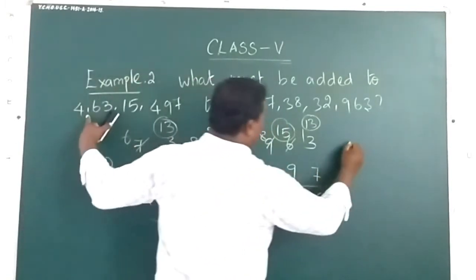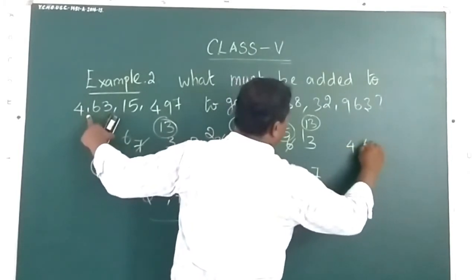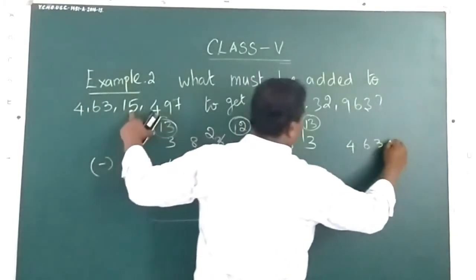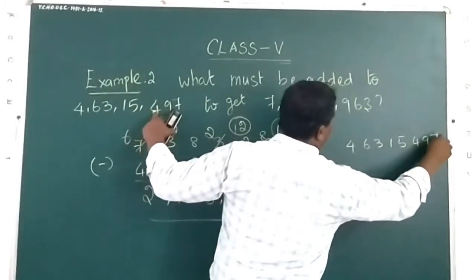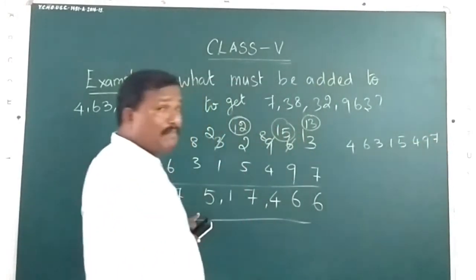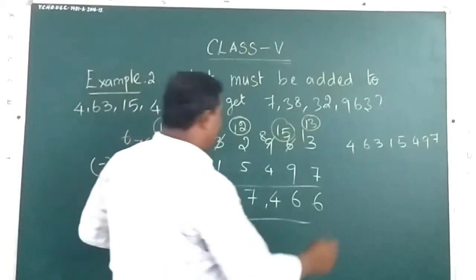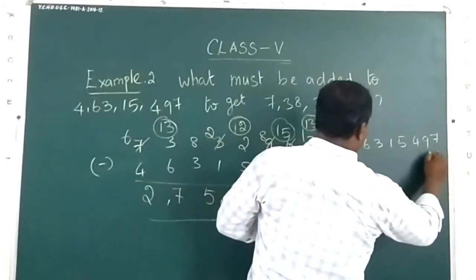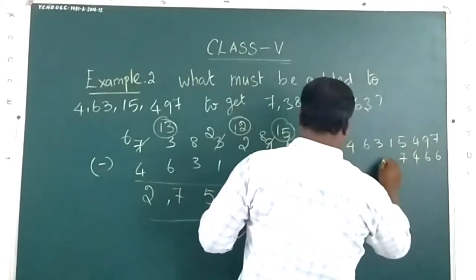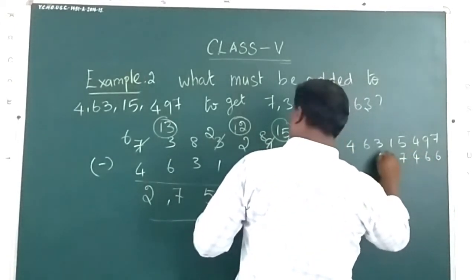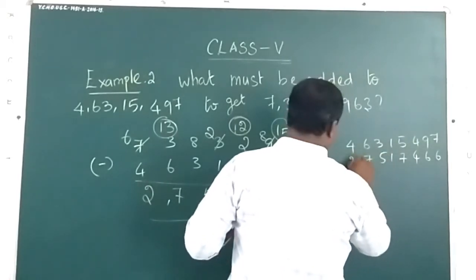The minuend first I will write here: 4, 6, 3, 1, 5, 4, 9, 7. The second number, the subtrahend, I will take and write here: 6, 6, 4, 7, 1, 5, 7, 2.